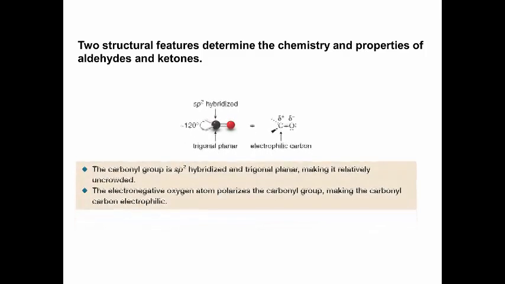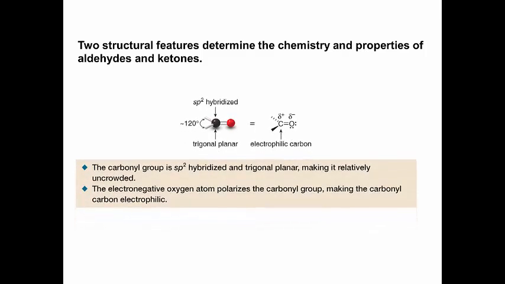Two structural features determine the chemistry and properties of aldehydes and ketones. The carbonyl group is sp2 hybridized and trigonal planar in shape, making it relatively uncrowded.